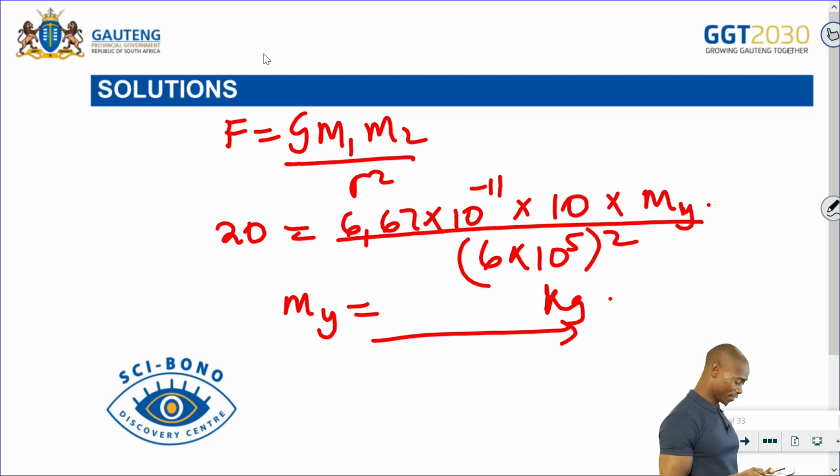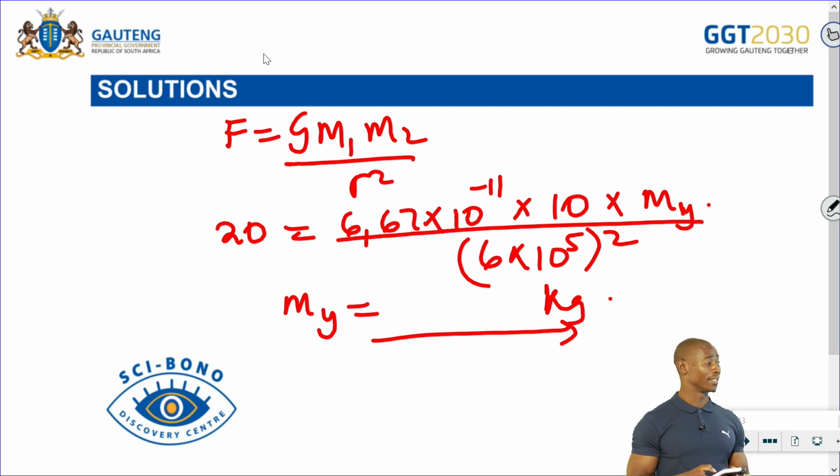So what is the mass of planet Y in kilograms? We have 6.67 multiplied by 10 to the power negative 11, and then divide that by 6 times 10 to the power 5, all squared.